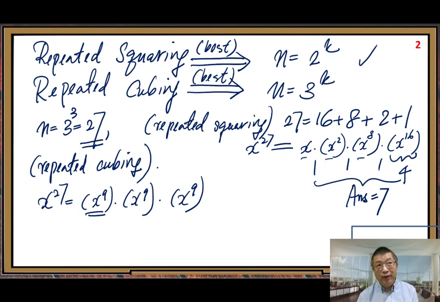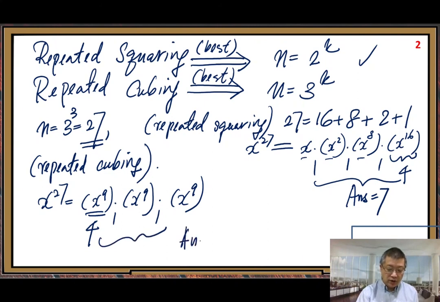We did that before. Is that 4? Yes, because x cubed needs 2, then another cube needs another 2, 2 plus 2 gives 4. After this 4, 1 multiplication, 1 multiplication. So in total the answer equals 6.